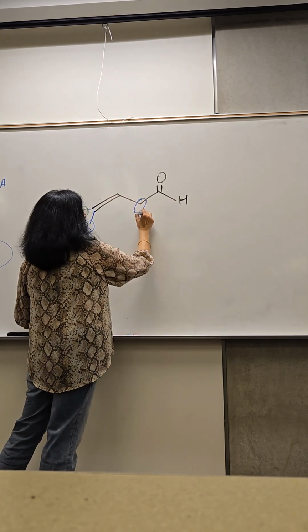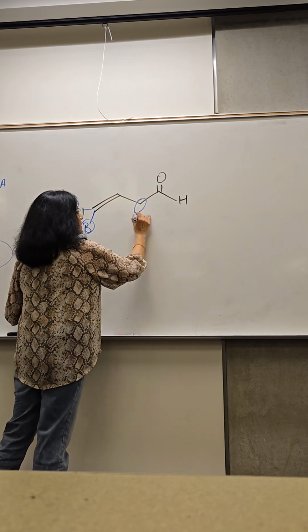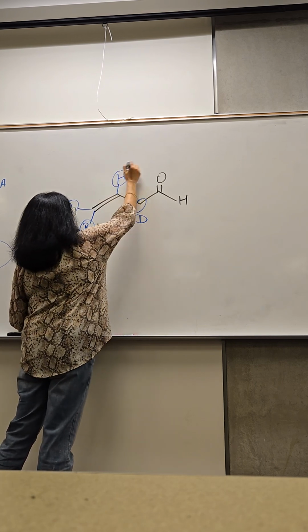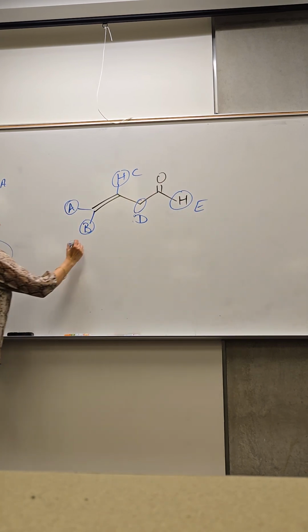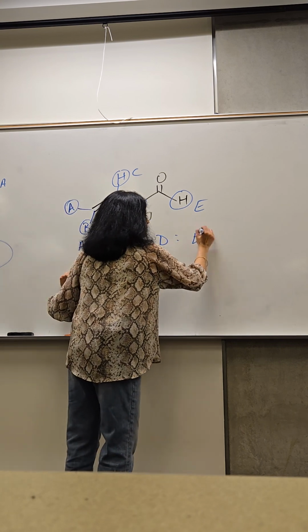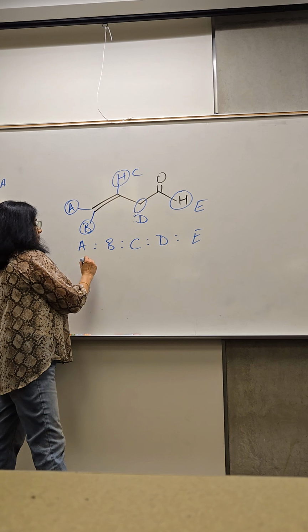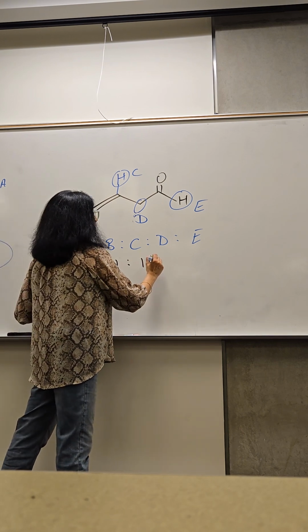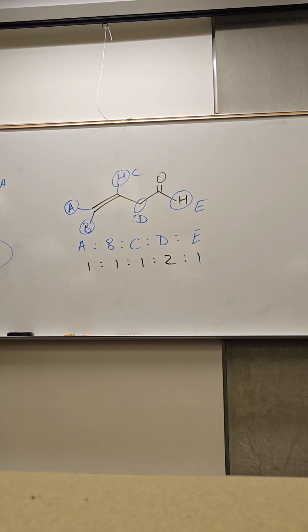And then C and E, right? So what is the integration ratio expected for A to B to C to D to E? 1 to 1 to 2 to 3, and then 1. Sorry, the last one's 1. Everybody agrees? That's really it.